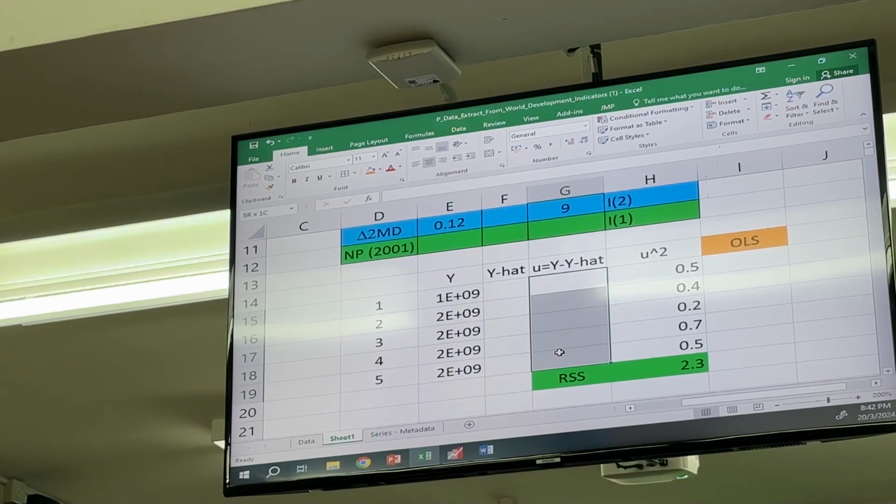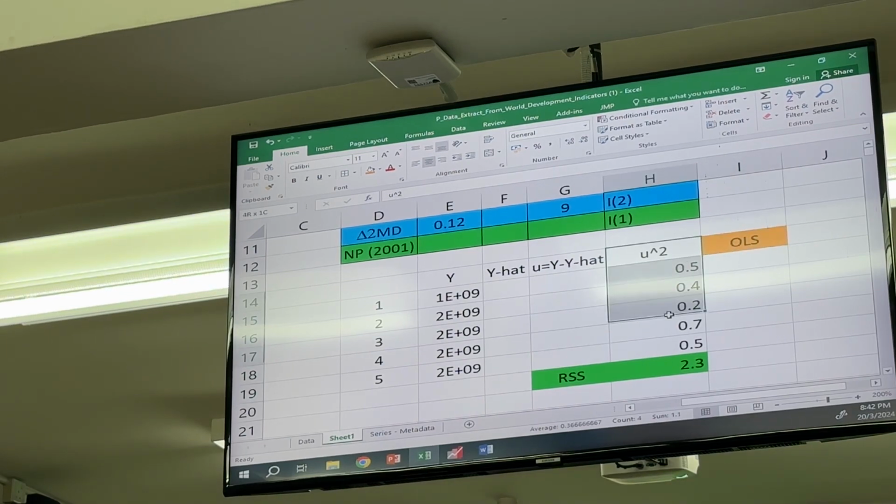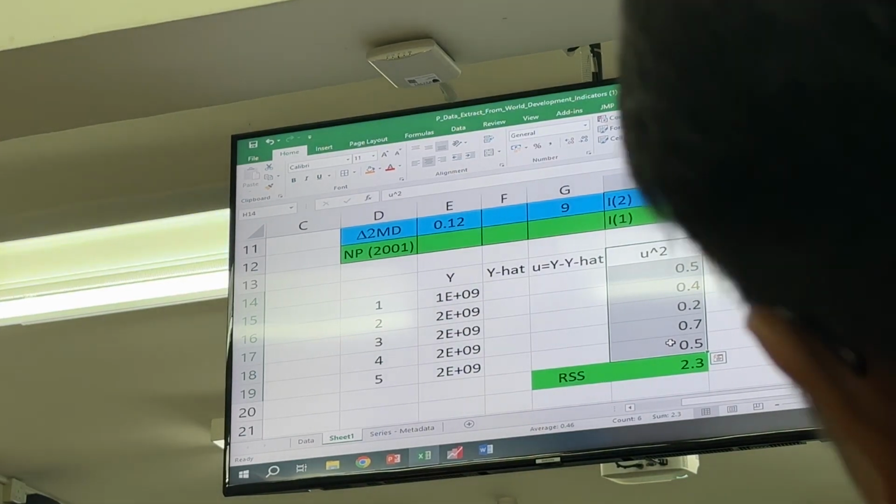The difference is my residual. My ambition is to make this gap between the real and the estimated value very small. Then my model is perfect. If not, the model is not perfect. So the OLS principle is to minimize the residual sum of squares as small as possible. That is the principle behind the ordinary least squares method.